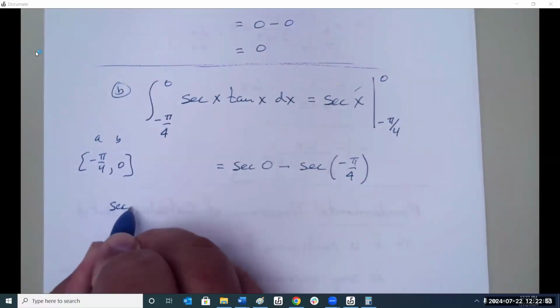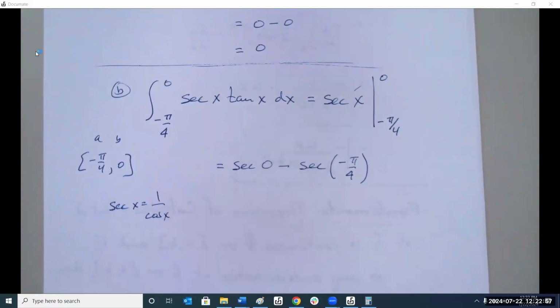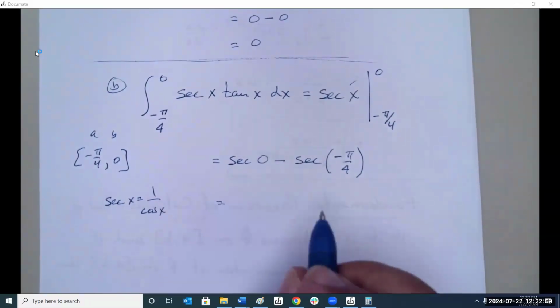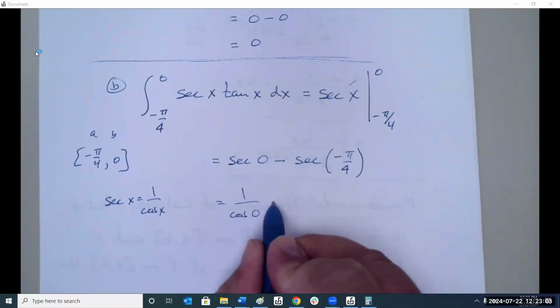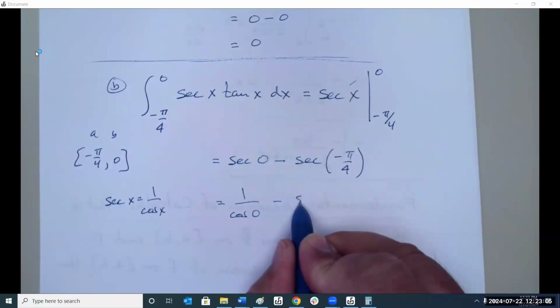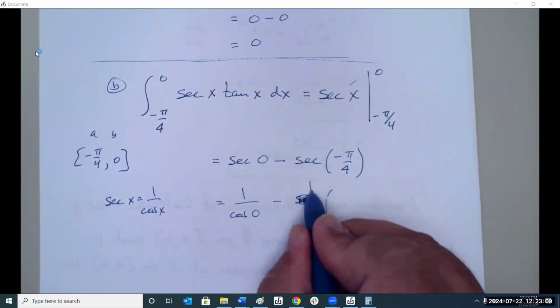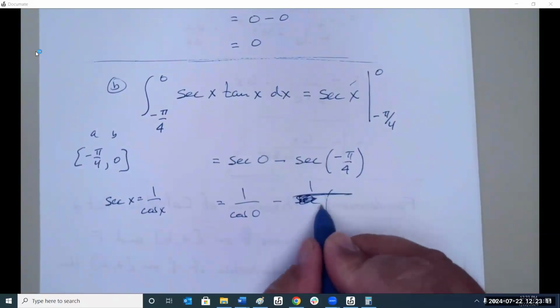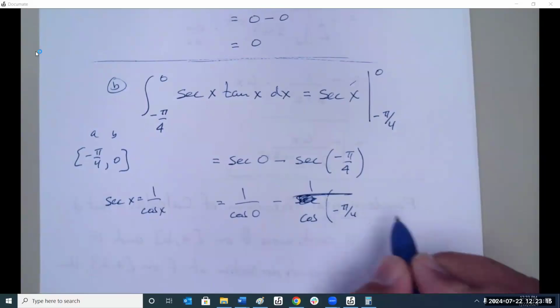Remember, secant is 1 over cosine. So 1 over cosine of 0 minus 1 over cosine of negative pi over 4.